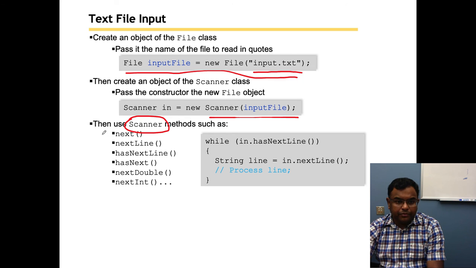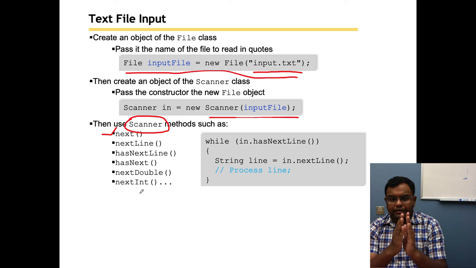Next will actually just fetch the next token. There are certain whitespace characters defined, and those are basically blank space, carriage return or new line, then tab, etc. So for all these functions, wherever the pointer is pointing, they start reading from there till the next white space.